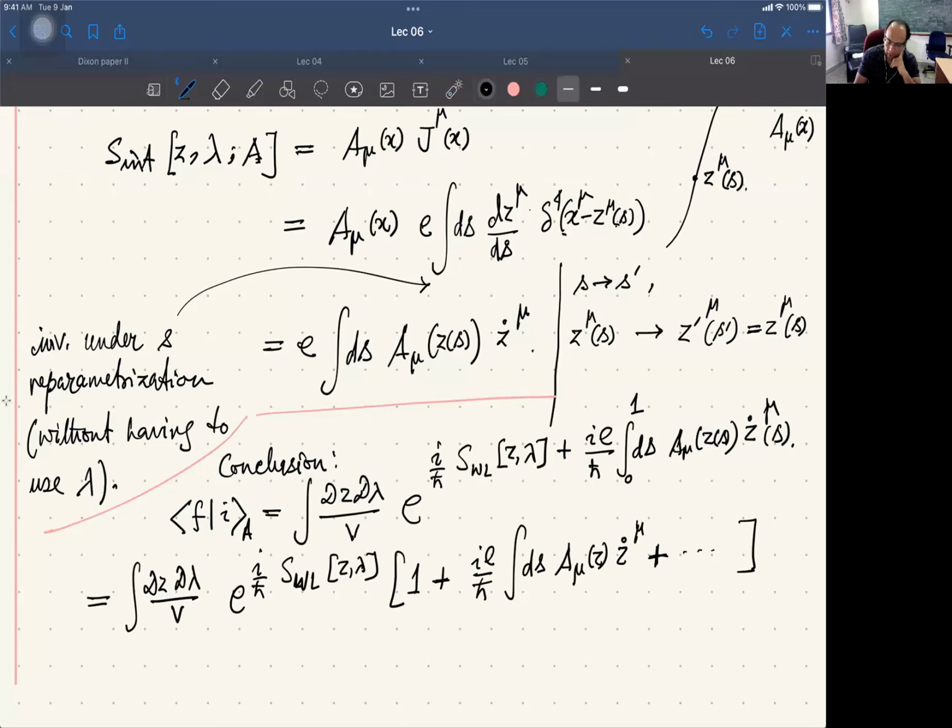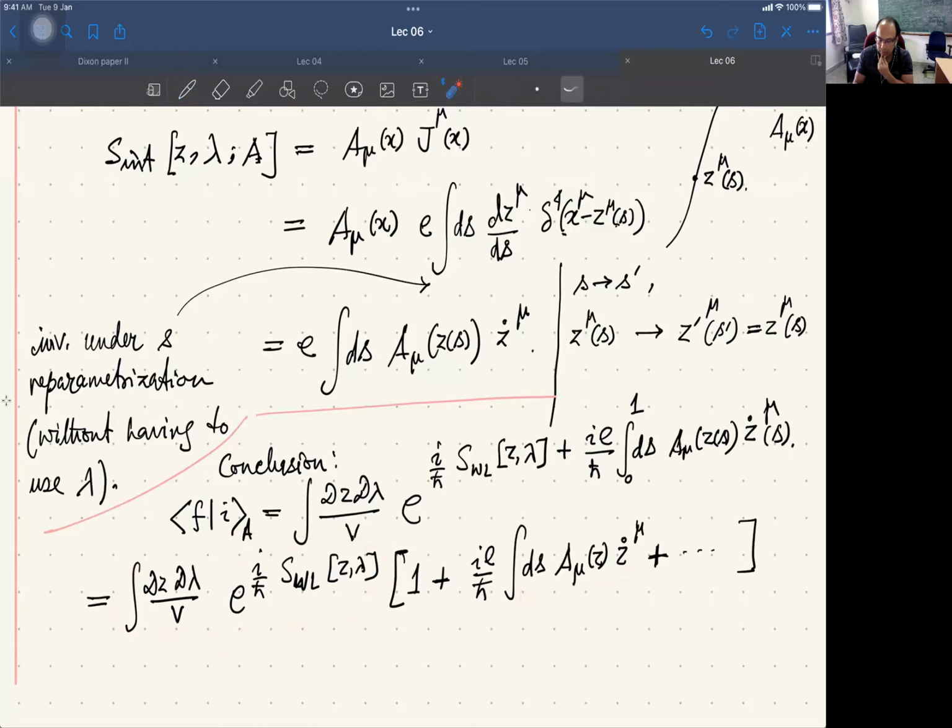Now if you take this product, the first term is just the standard path integral phase for the free particle, and the next term appears in this free particle path integral as an insertion. It's an integrated insertion.